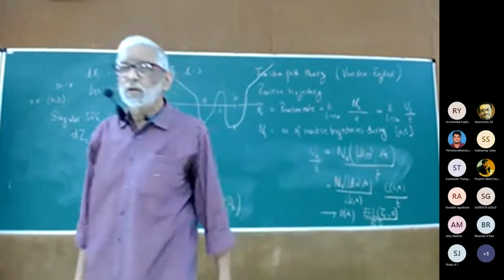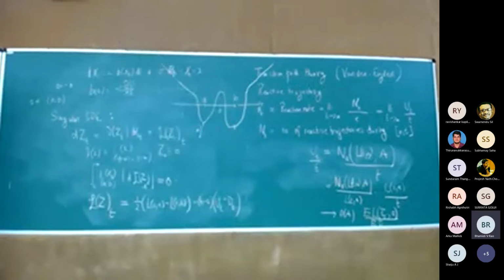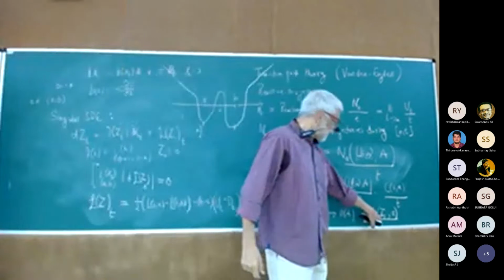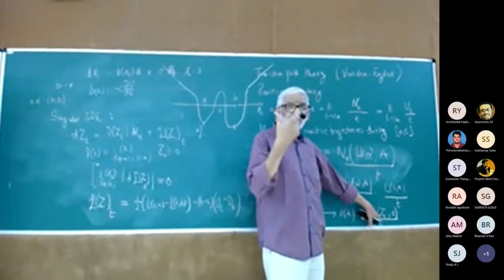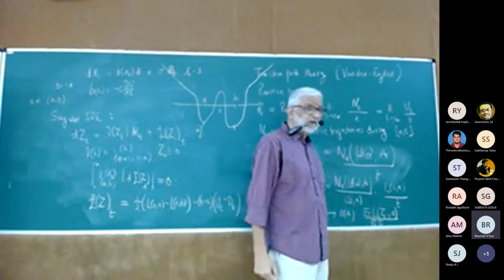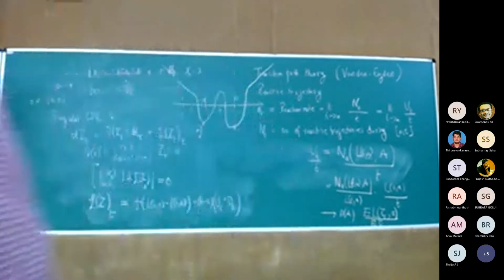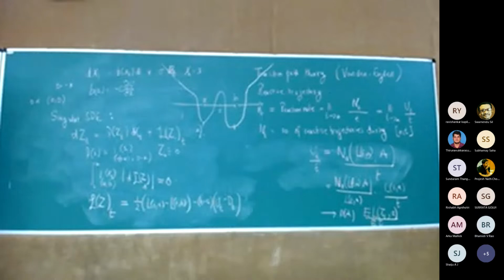But tau 1 is the time starting from A going to B and coming back to A. It's one cycle. So this is the expected local time in one cycle at A divided by E_A of tau 1. Okay.